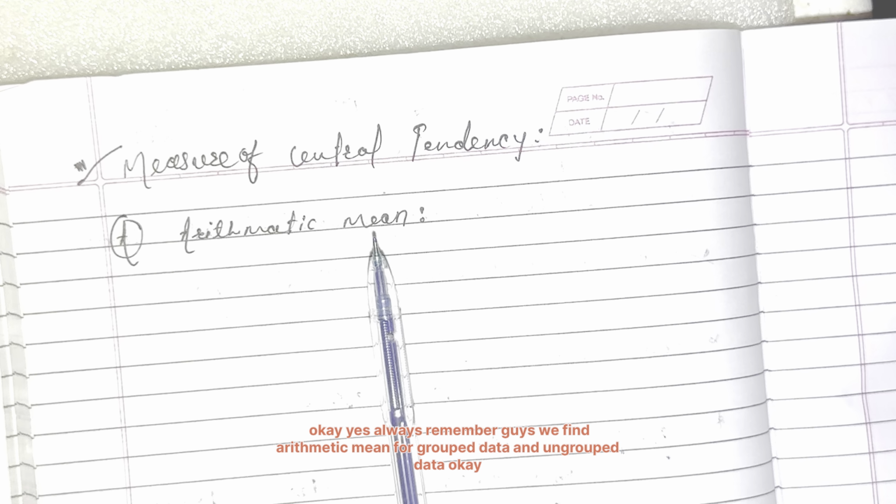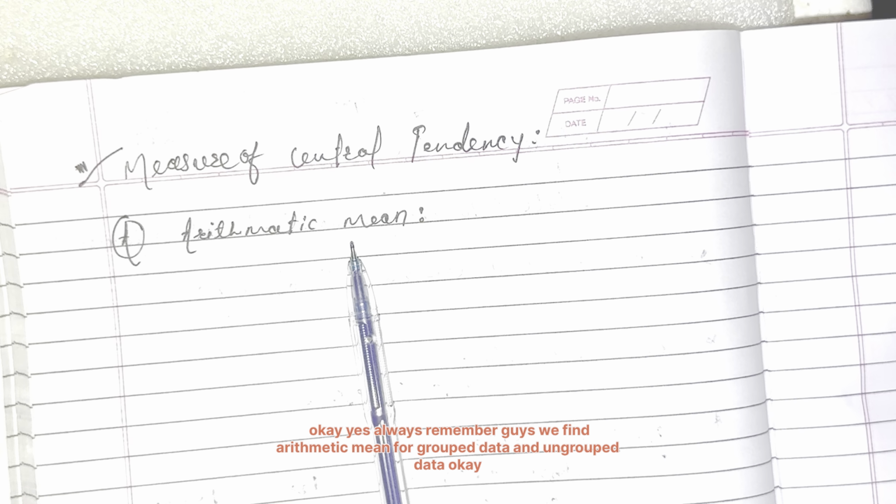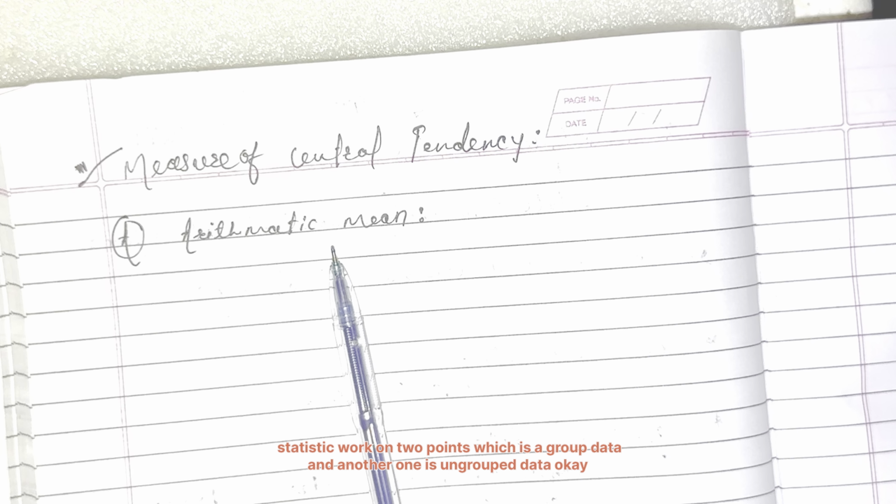Always remember, guys, we find arithmetic mean for grouped data and ungrouped data. Statistics works on 2 kinds of data: grouped data and ungrouped data. For finding mean, mode, median for ungrouped data, you are already familiar with this.